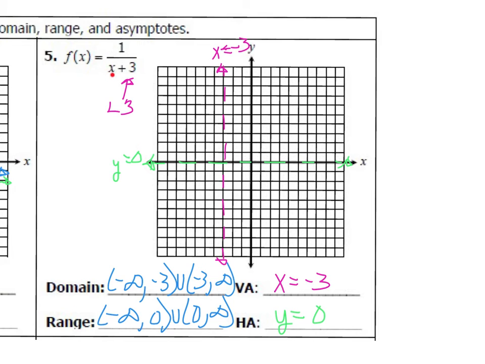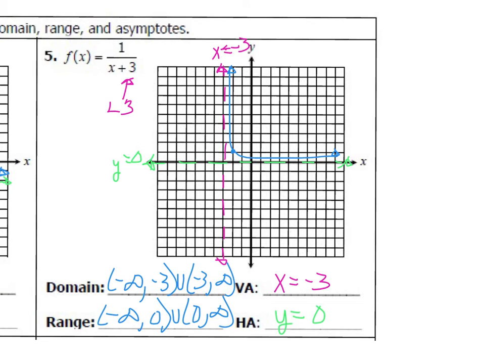So if I let x be -2, -2 plus 3 is 1. 1 divided by 1 is 1. So if x is -2, y is 1. So see, I'm on this side, and that means my branches are going to go here. So my branch is going to go through that point.